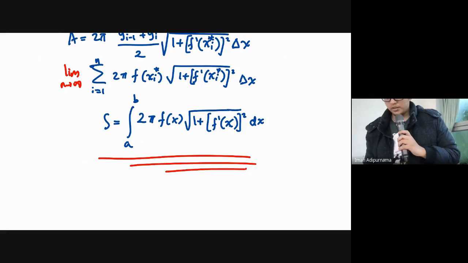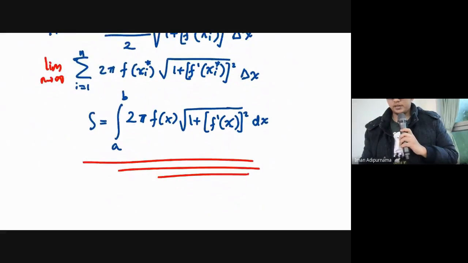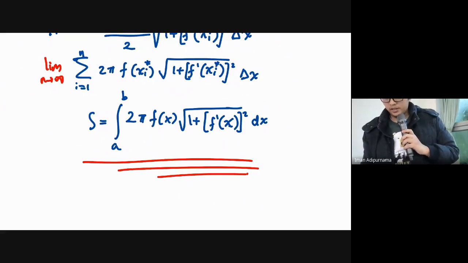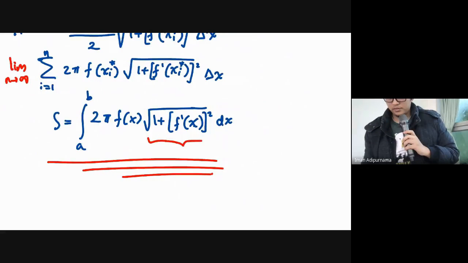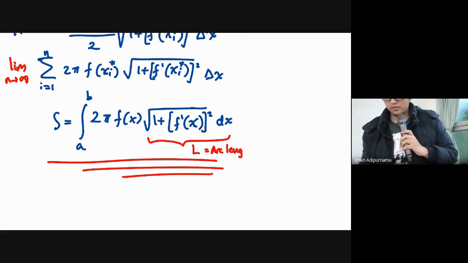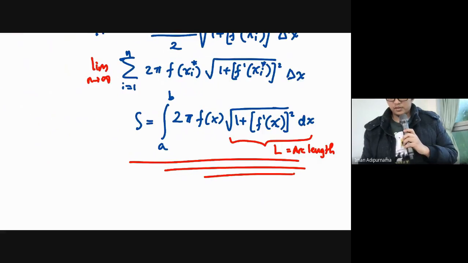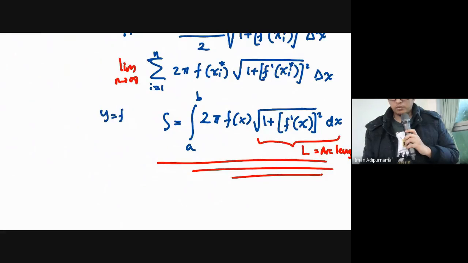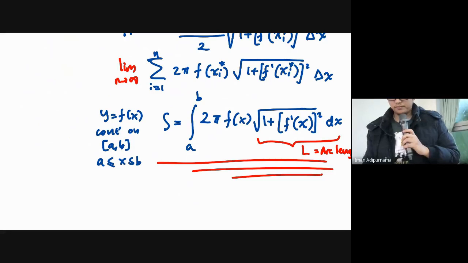And now we have this surface area. So notice that this is actually the arc length. This is the L, or arc length. This is y equals f of x, continuous on a, b, and x is from a to b.